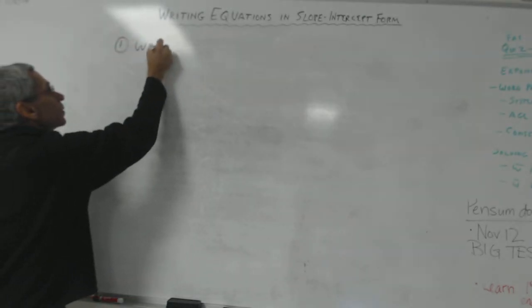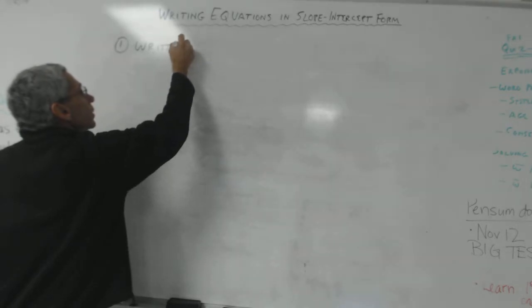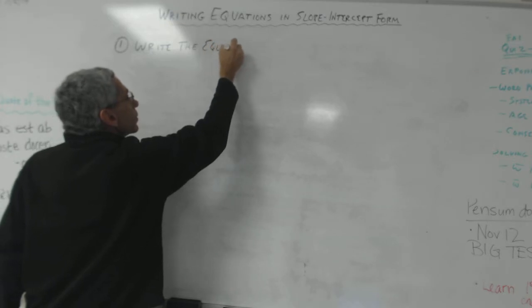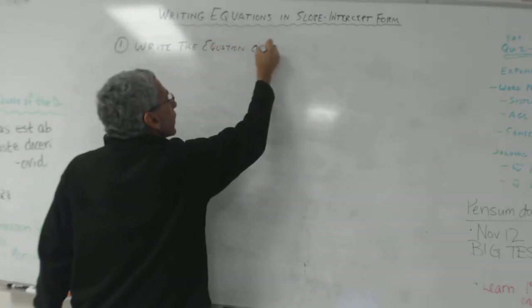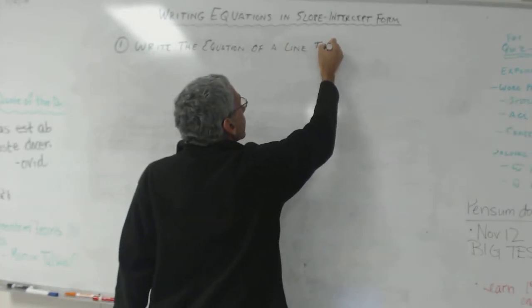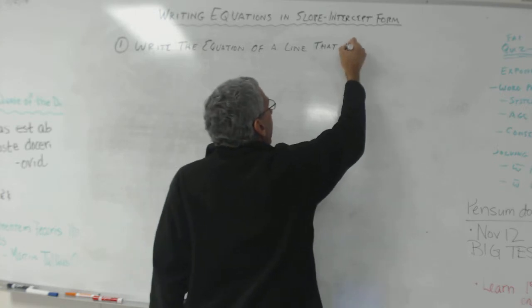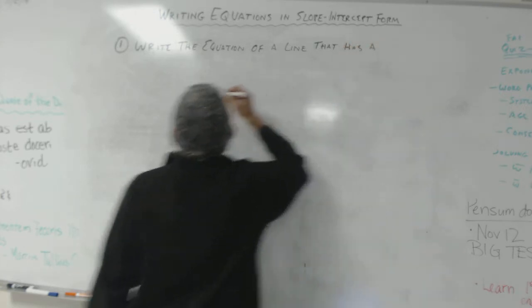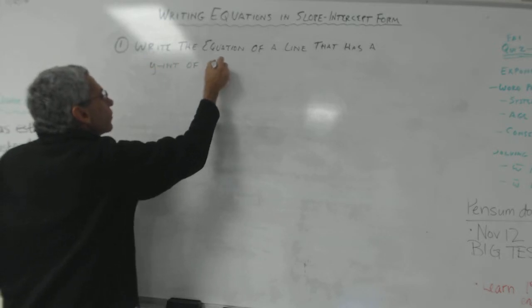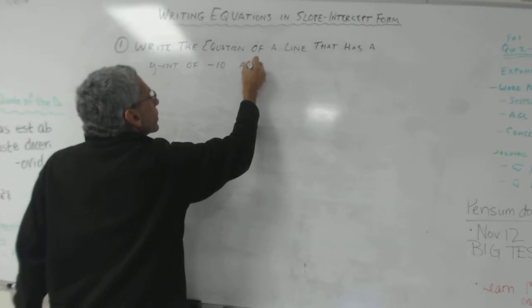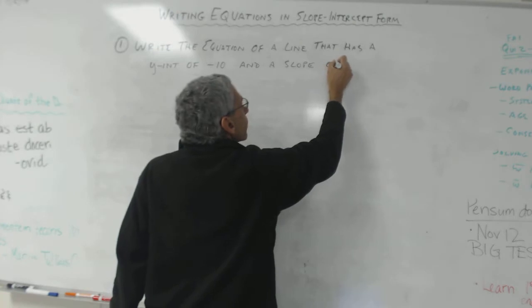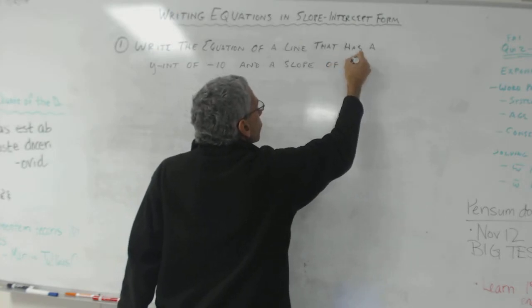Write the equation of a line that has a y-intercept of -10 and a slope of, I don't know, 2/3.